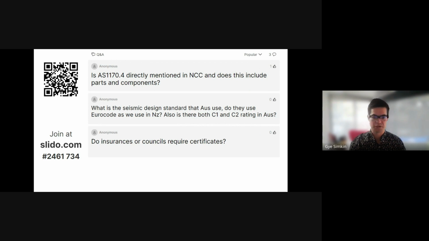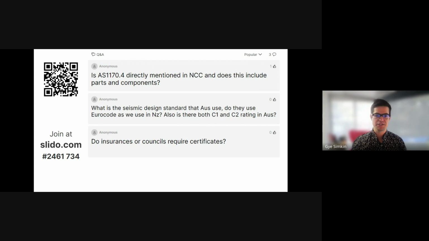We've got another question here. Do insurances or councils require certificates? I think the answer to that is yes. Councils definitely require the certificates. When we're talking about, like in Victoria, the Reg 126, or in Queensland the Form 15s, that is a council requirement to show compliance.